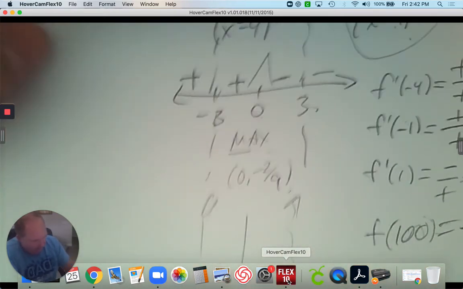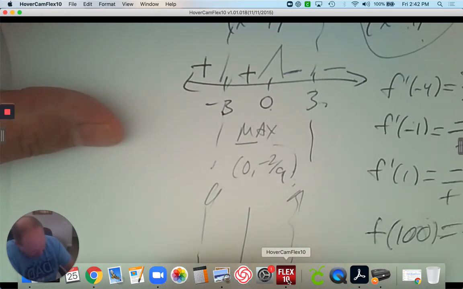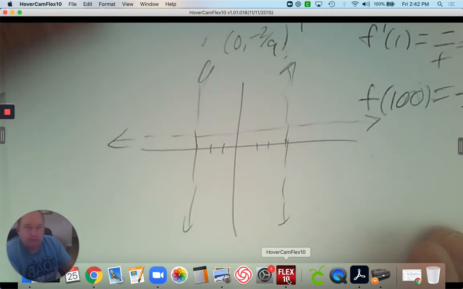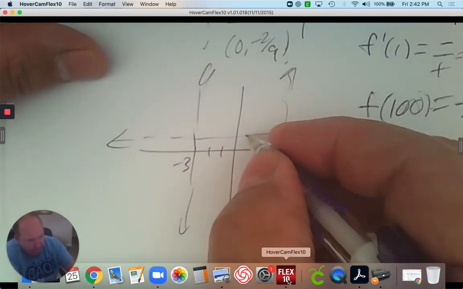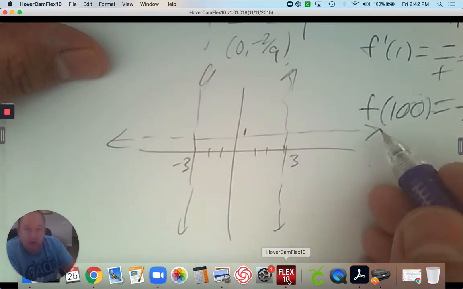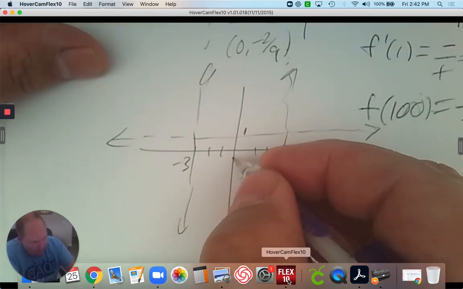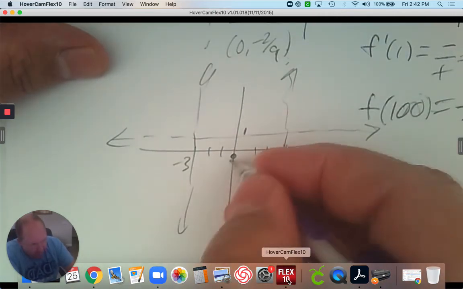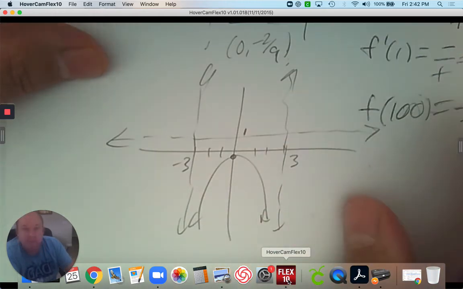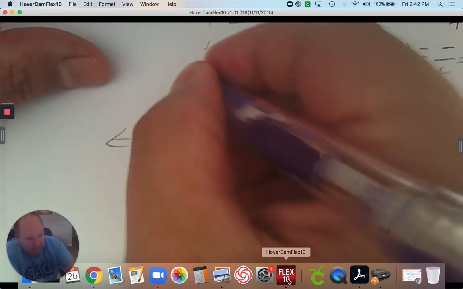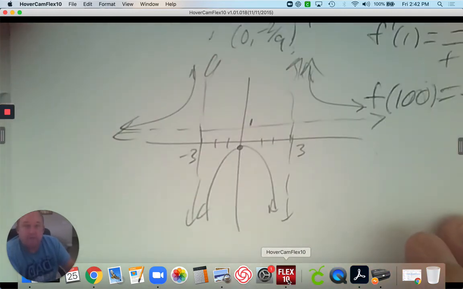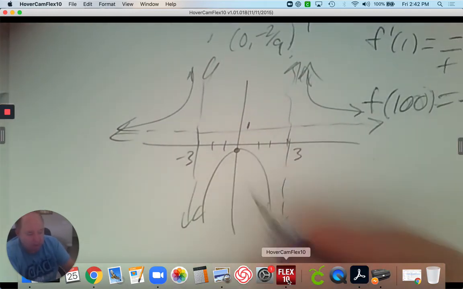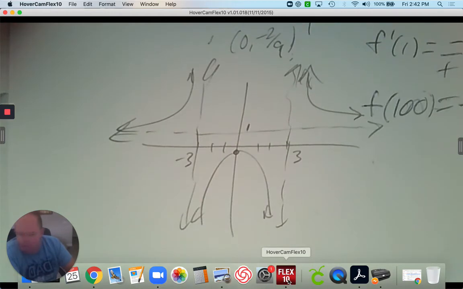I know the end behavior is 1. So at negative 3 and 3, and at 1, those are my asymptotes. 0, negative 2/9 is right there. That's a maximum. And then we have the rest of our graph. Just a sketch. And then you have it. So you have one turning point there, and we're done.